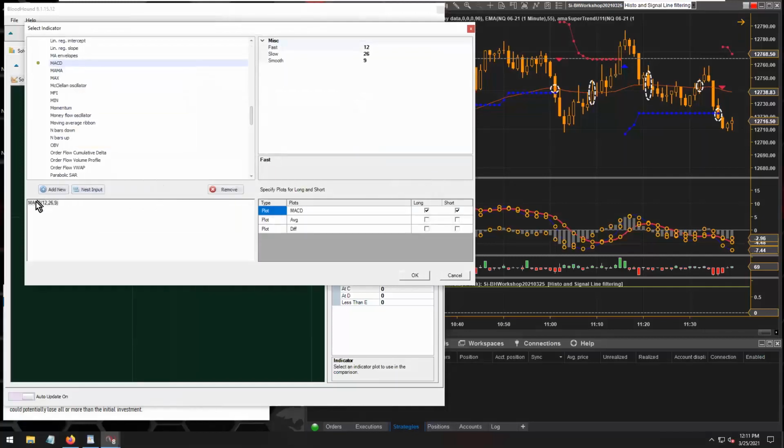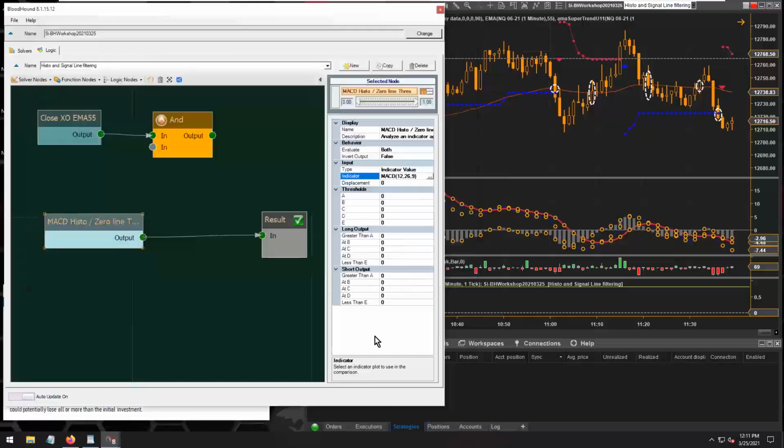There you go, there's our MACD. And so we're going to select that histogram plot, which NinjaTrader calls the difference. And of course, I'm just going to use the default periods here for the MACD. And our threshold is the 0 line. So we're going to leave all of our thresholds at 0.